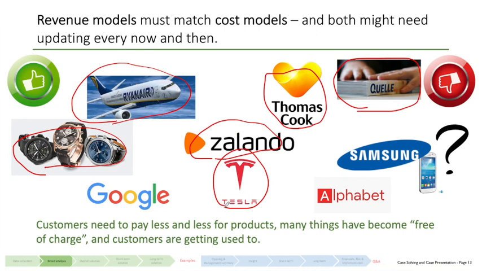Lately they have also invented new aspects, new product features, but nevertheless Samsung is one of the companies that have to reiterate their revenue model constantly to make sure that their cost model, which is under pressure, is not getting too far away from the revenue model.